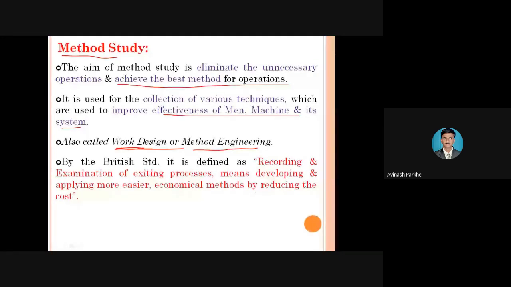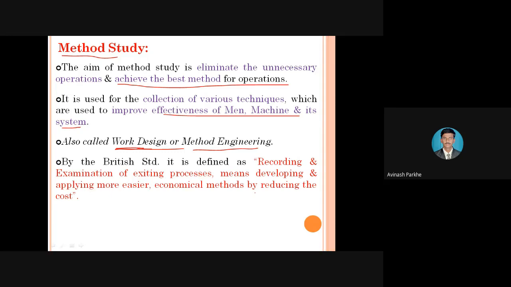Just now we discussed that if the existing process takes 10 hours to convert the raw material into finished goods, and in those 10 hours some unnecessary operations are also there, then as per the British standard, I will record that existing process. That means whatever previous results are available for that existing process, I will take with me.